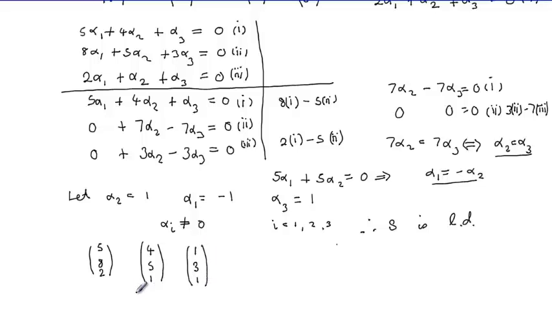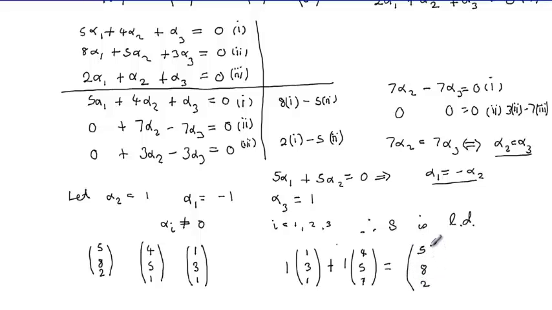Now, if you look closely, I think you can see that 1 times (1, 3, 1) plus 1 times (4, 5, 1) is actually equal to (5, 8, 2). 1 times 3 plus 1 times 5 gives us 8, and then 1 times 1 plus 1 times 1 gives us 2.